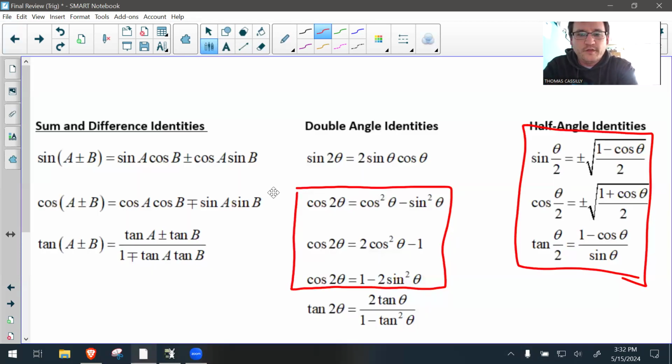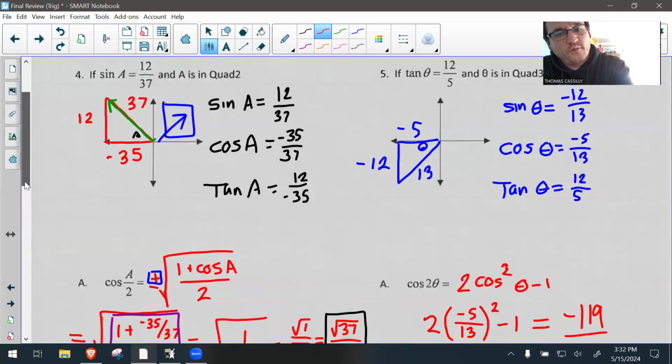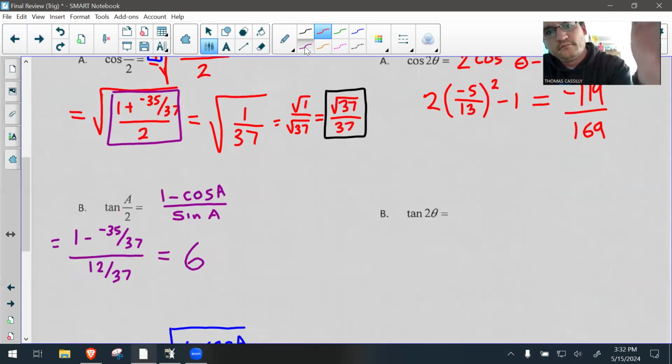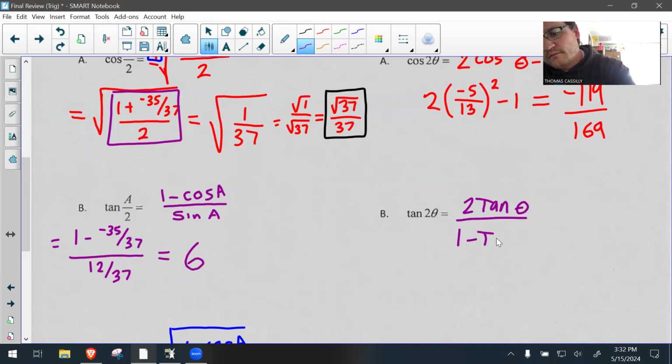Tangent. Now the tangent of 2 theta is 2 tangent theta over 1 minus tangent squared of theta. All right, so that's what we got.